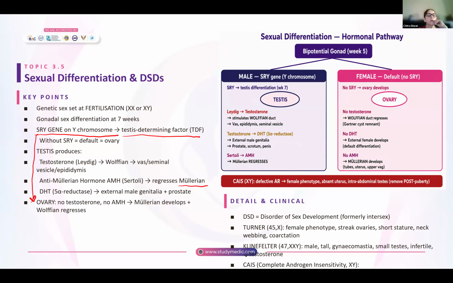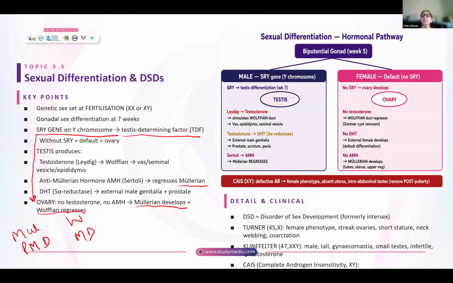So whenever there are ovaries, you get formation of the Mullerian duct or the female genital system, and then the Wolffian regresses. One more thing to implant in your mind is that the Mullerian system is also called paramesonephric, and the Wolffian is called mesonephric. These two things you have to remember.